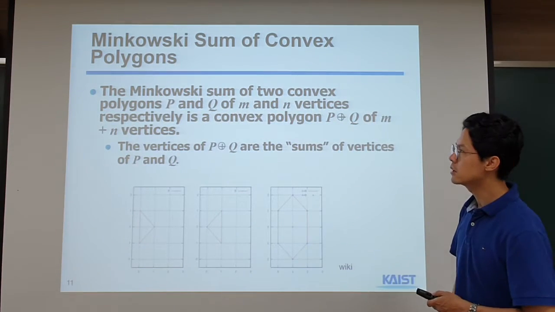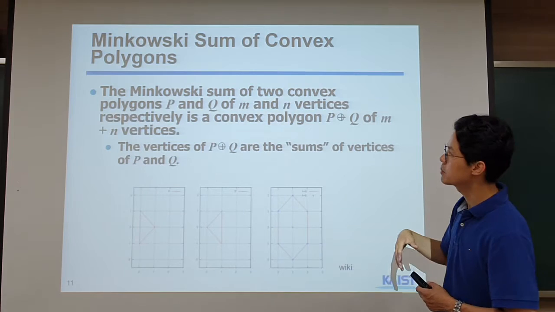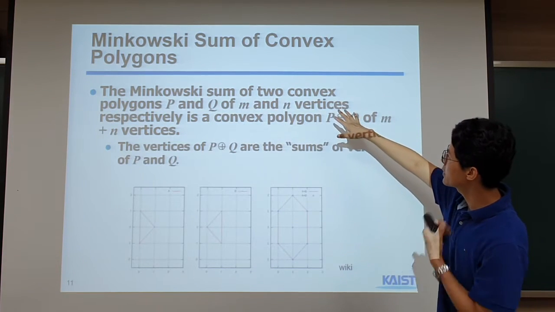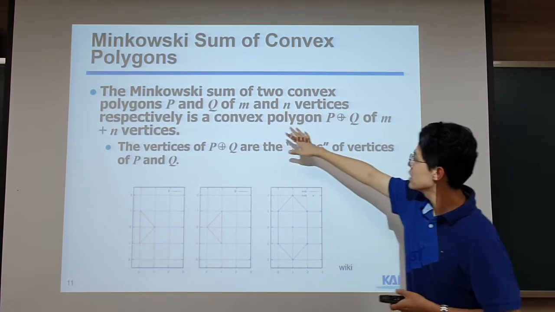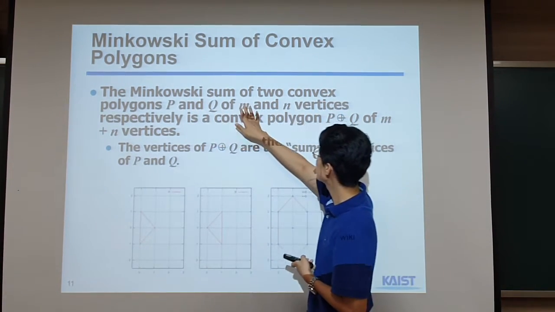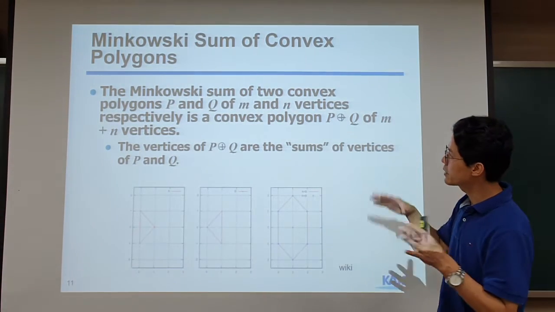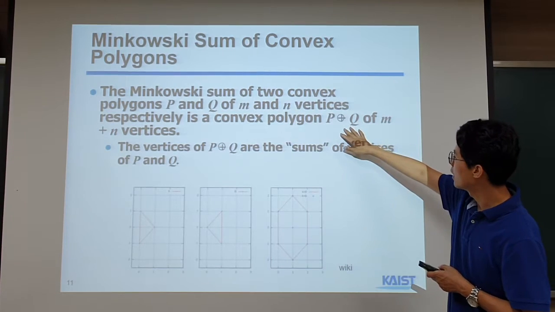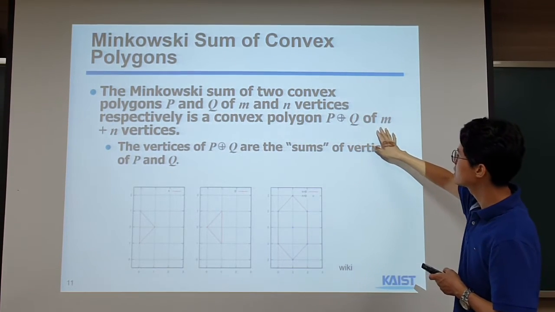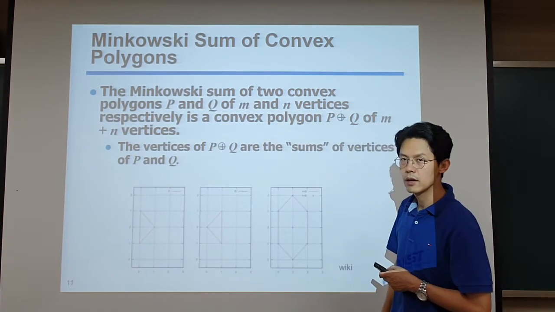Before we move on to how we can use this Minkowski sum for computing the C obstacle space, as you can see, in the case of two convex polygons P and Q, where each one of these polygons has n vertices, the Minkowski sum gives us another convex polygon that has n plus n vertices. I'm showing this same example.